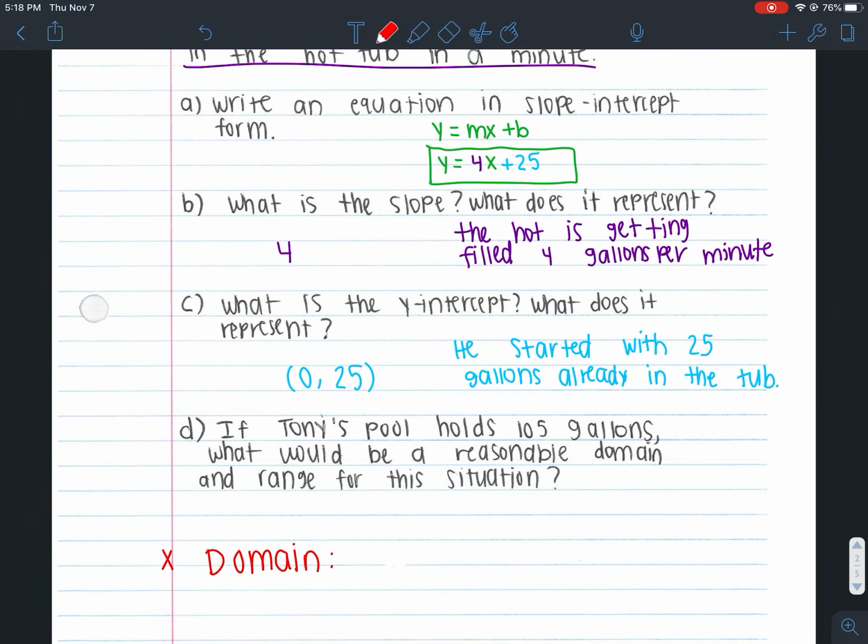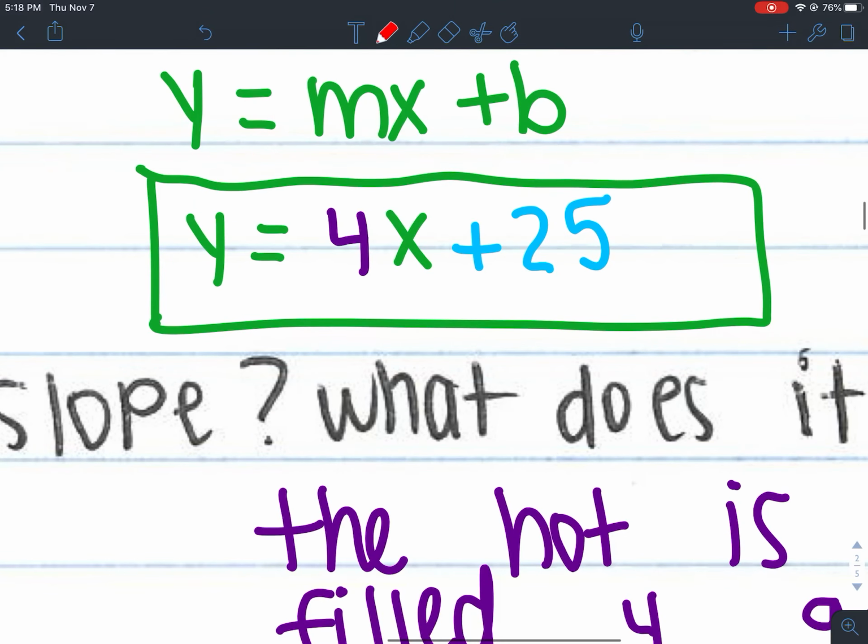Well, if you take a look at your slope, it's saying 4 gallons per minute. Okay, well, 4 gallons per minute, so that means we're talking about gallons and we're talking about minutes. Which one of those is going to be x? Well, you see how your slope is 4, it's 4 gallons per minute. So that means that the gallons is going to be our y and the minutes is going to be my x. And x is usually your time.